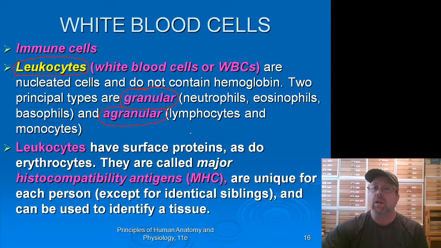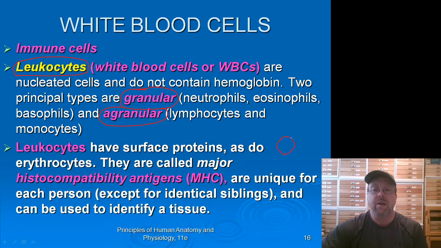So leukocytes are a lot different than red blood cells. They have a nucleus, they have organelles, they also have surface proteins so that they can be used to recognize each other in the immune system. We call that a major histocompatibility antigen. These are antigens that are on the surface of the cell.